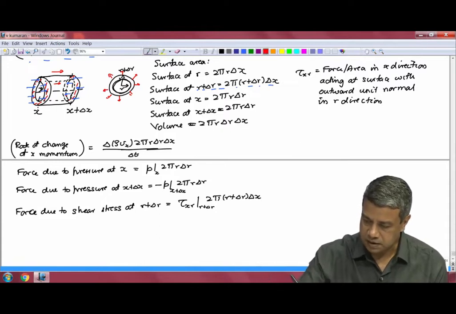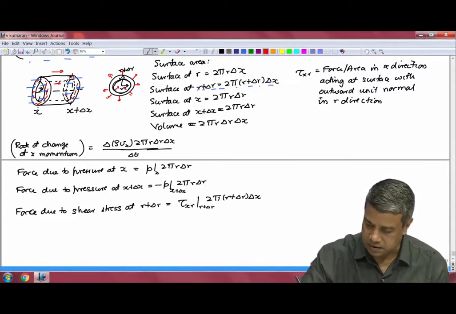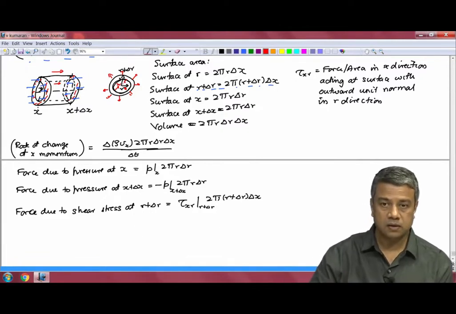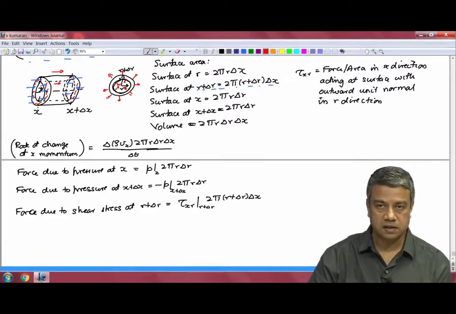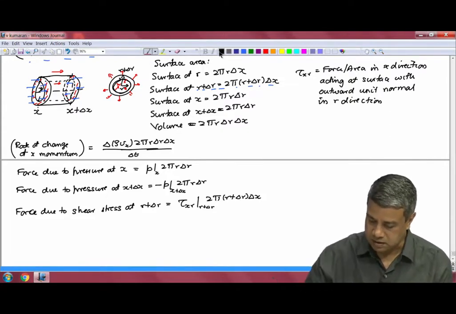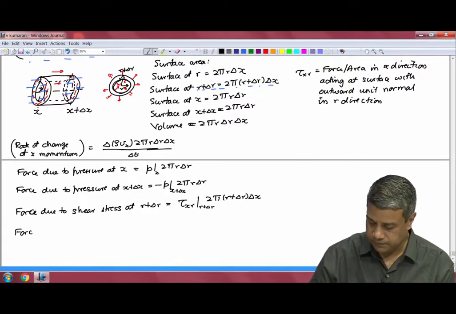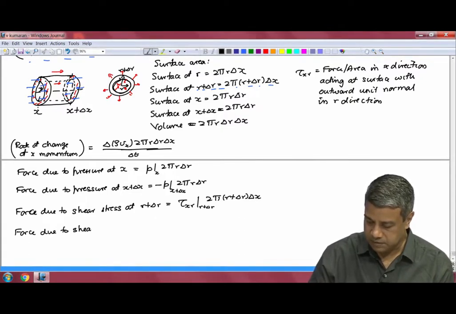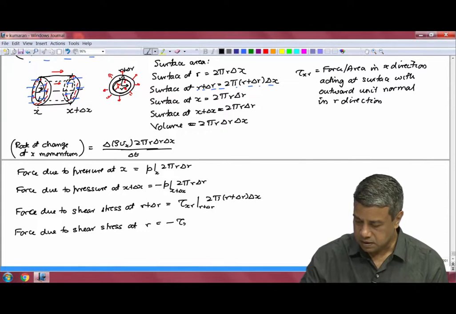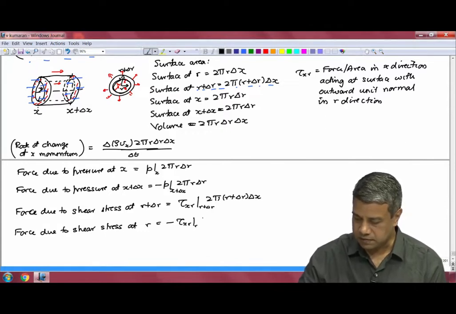At the surface at r, the outward unit normal is in the minus r direction. Therefore, the force due to shear stress at r is equal to minus tau x r at r into the surface area 2 pi r delta x.